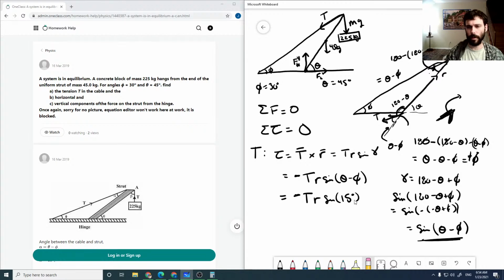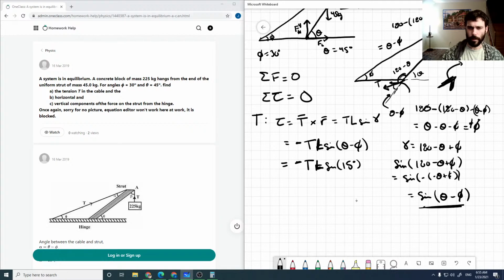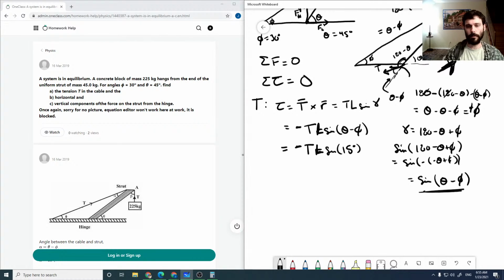I guess I use L actually for the length of the strut. So I'll just use L for the length of the strut, and that'll just come in later. Okay, so there's our tension. It took a while, but it's okay.